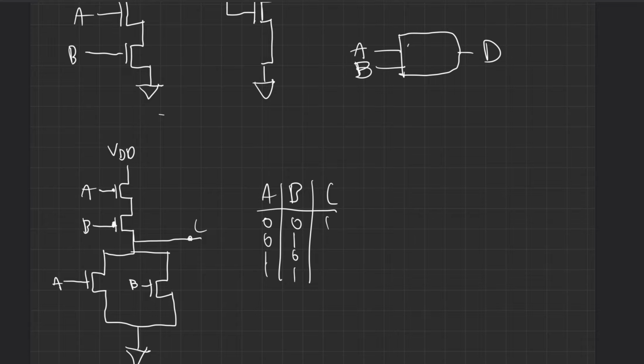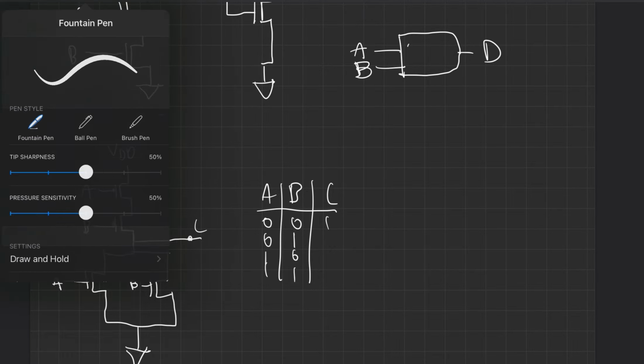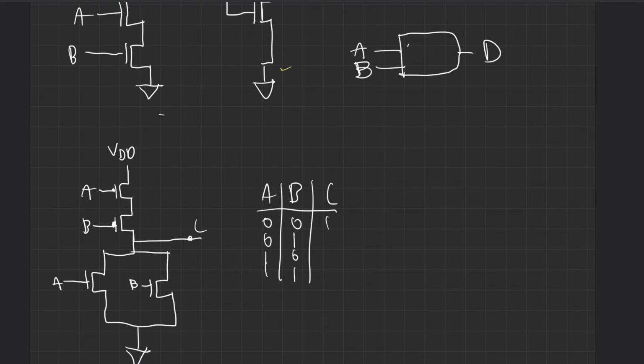If you need help, let me know. But I think if you're a smart person, you can figure this out pretty easily. This will be a 0. And with A, it's the same logic. It's going to allow the other side to flow. And then if they're both 1, all these will be blocked, and both of these paths will be opened. So that's also going to be a 0.